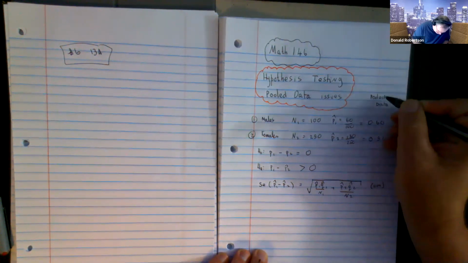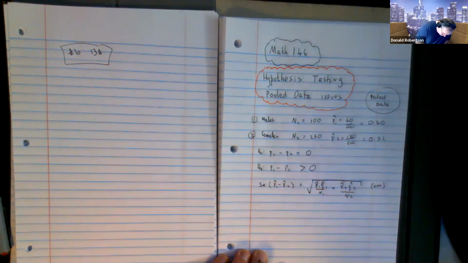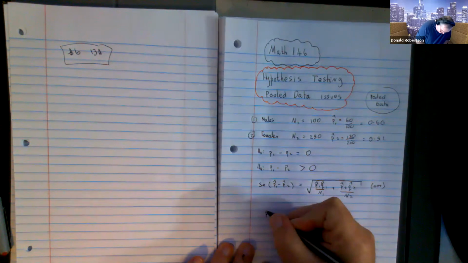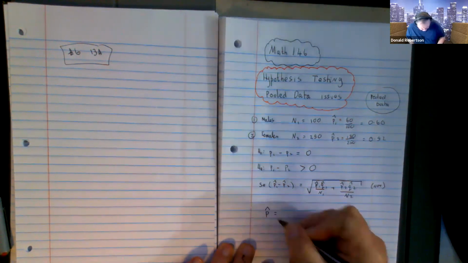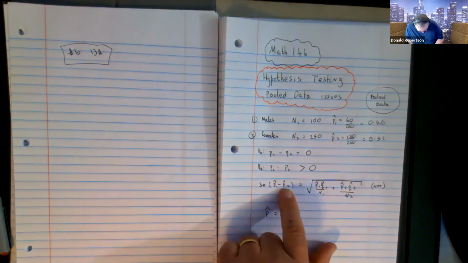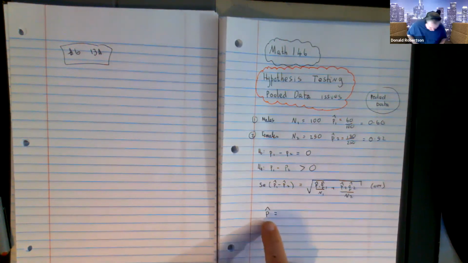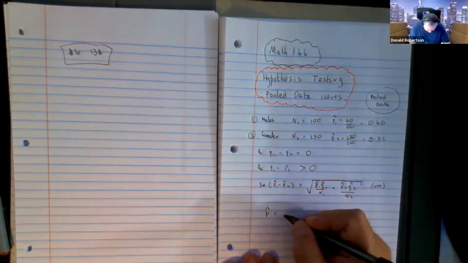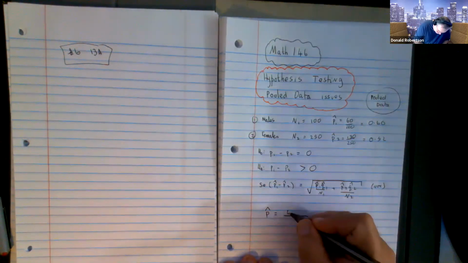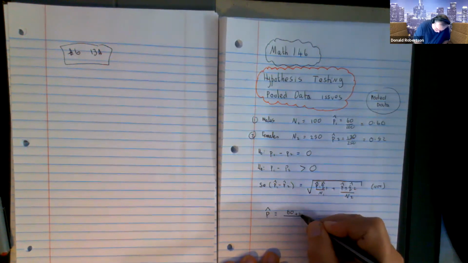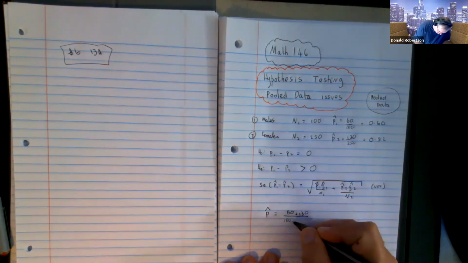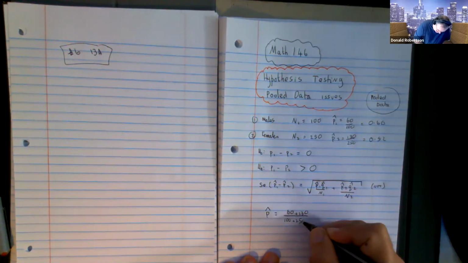And not only were they pooling the data, they were using a very specific version of that pooled data. So let's show you the first part. You don't have a P1 hat and a P2 hat separate. You have a single P hat. And you get that by adding the number of people who speeded, so that's the males and the females, over the total number of males plus the 250 females.